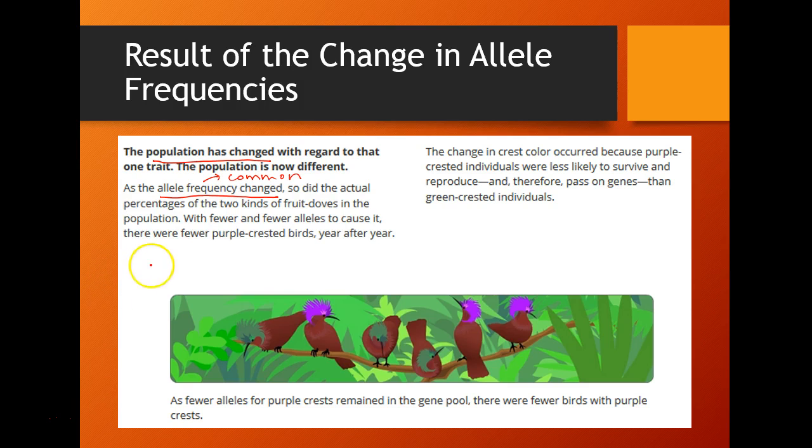So because there were fewer alleles, there's fewer big F's, right? There were fewer purple birds. The reason why this happened was because they were less likely to survive and reproduce, so they weren't able to pass on their genes to their offspring, but the green-crested individuals were able to.